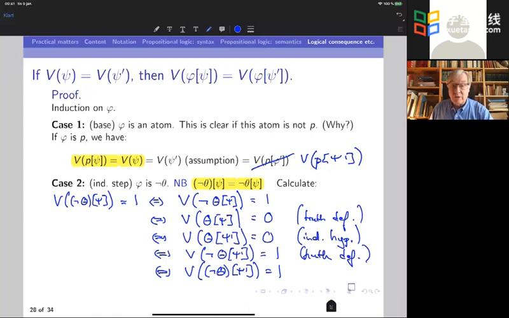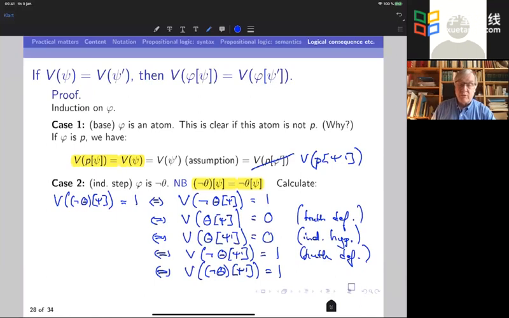We wanted to show that V of phi square brackets psi is the same as V of phi square brackets psi prime. In this case, phi is not theta. It's a negation, it's not theta. So we want to show that V of not theta square brackets psi has the same value as V of not theta square brackets psi prime.